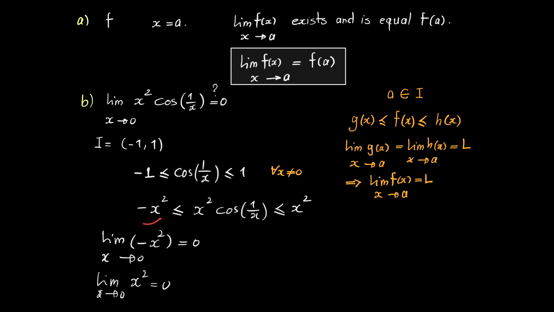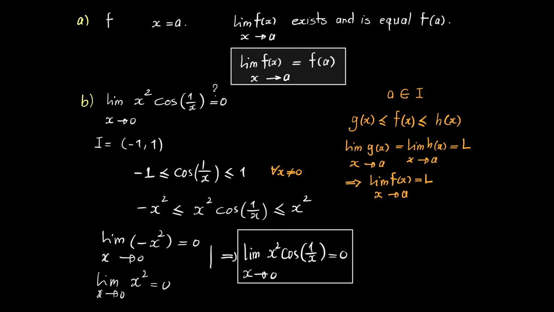The limits for these two functions are 0, so I can use the squeezing theorem and conclude that the limit of x squared cosine 1 over x, as x goes to 0, is indeed equal to 0. So that is the proof for the second part of the problem.